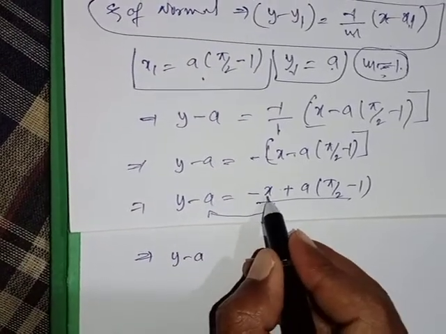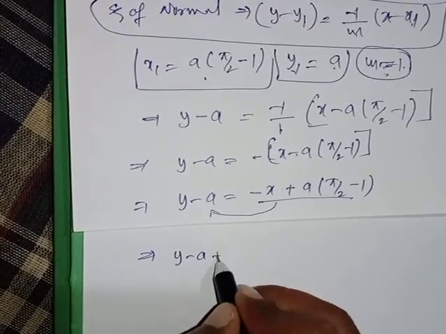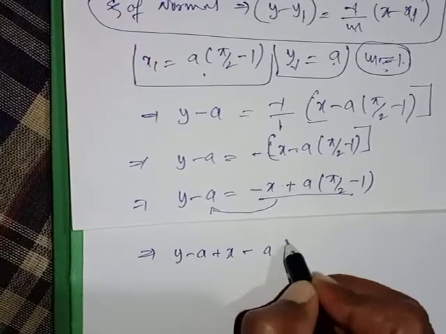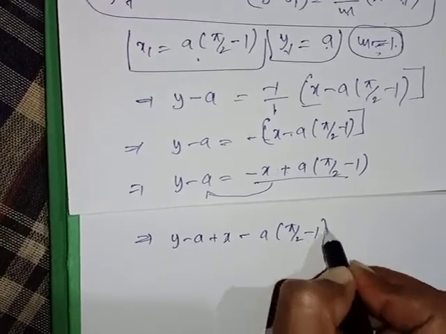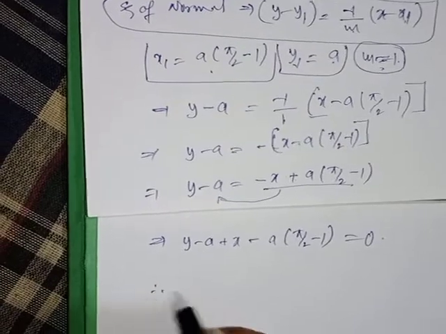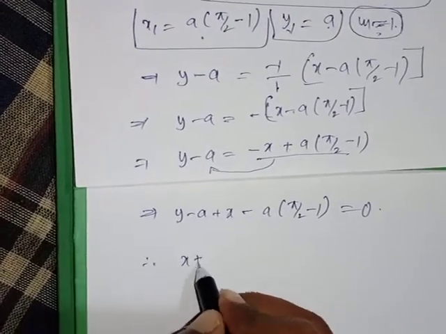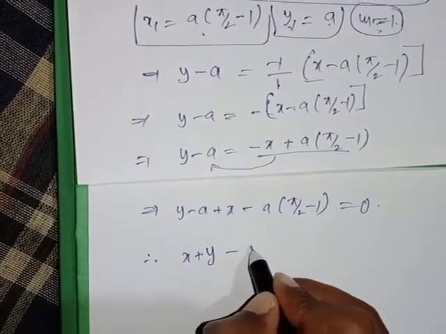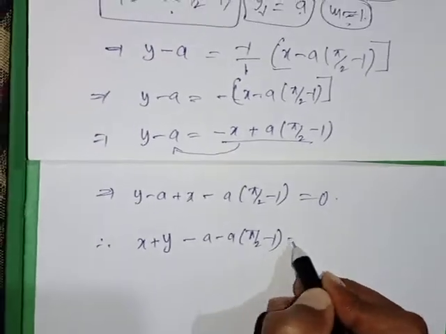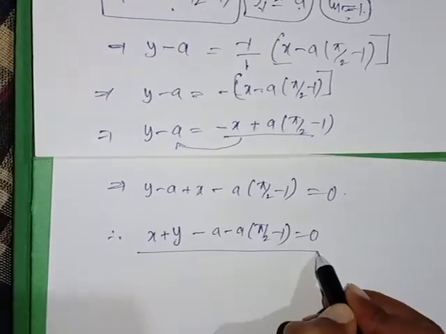If we transfer here, x has negative value, it will become positive, and the minus here is positive, so it gets negative, a into pi by 2 minus 1, which is equal to 0. Therefore, writing in order, x plus y minus a minus a into pi by 2 minus 1, which is equal to 0. This is the equation of the normal.